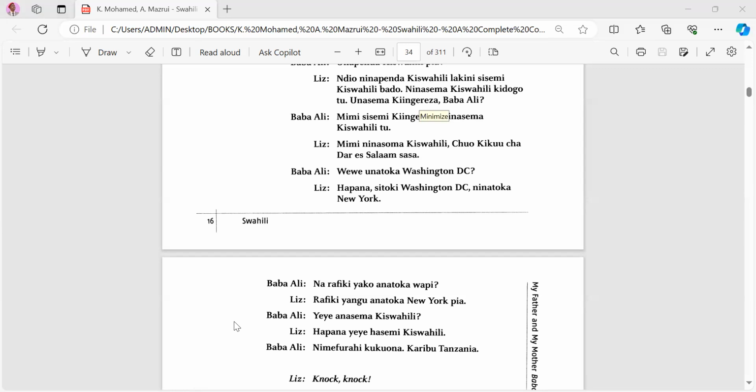Okay. Mimi nimesema Kiswahili Chuo Kikuu cha Dar es Salaam sasa. Wewe unatoka Washington DC. Hapana. Oh, I've lost it. It is not wiwi, it's wewe, unatoka wewe.